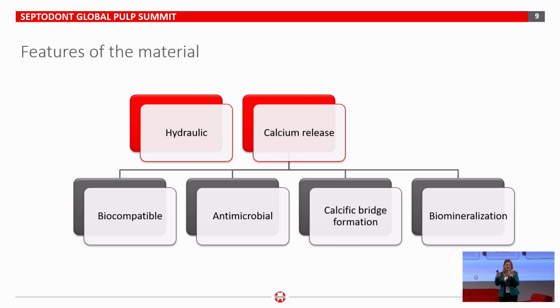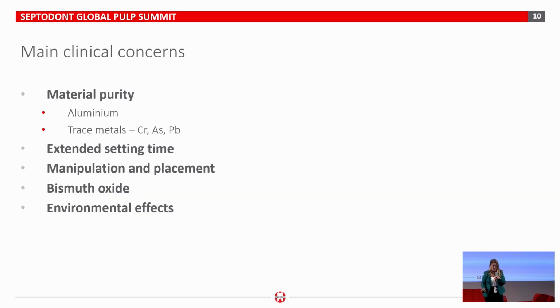So we have two factors: the addition of water to the material, and also the interaction of the material with the liquid in the surroundings. Also stress the calcium ion release. All that results in a change in biocompatibility, antimicrobial properties, calcific bridge formation, and biomineralization.